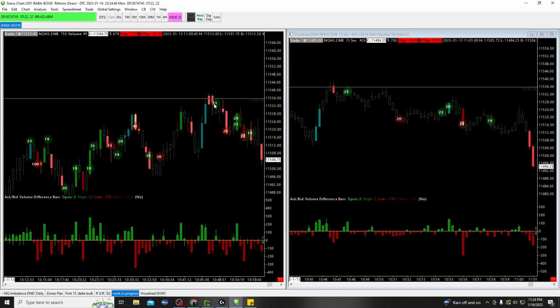But what's cool is, as I was getting ready to do that, Delta began to confirm for me that sellers were present in this area, which was great. I was already going to price risk, but I pulled the trigger, and then Delta confirmed that there were sellers present and that buyers, even though very aggressive, were not able to continue this move at that point.